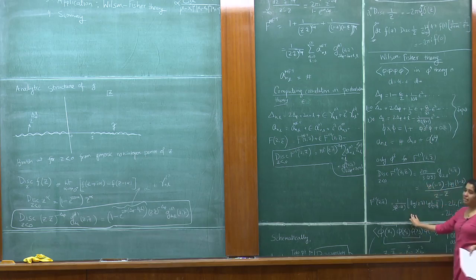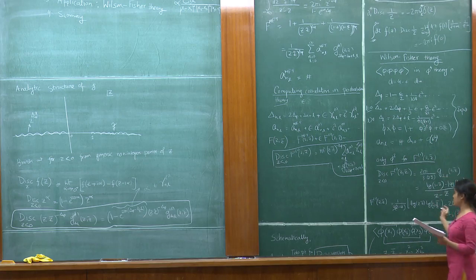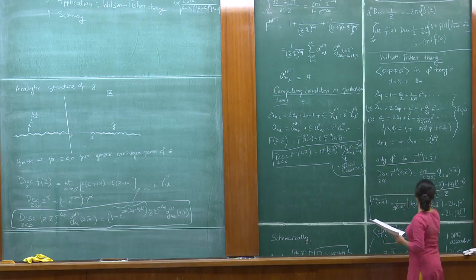So this is the D-bar 1 1 1 1 function that we get in the contact diagram of 4 phi's. And it comes only from the conformal block of this. So this is the first order correlator.